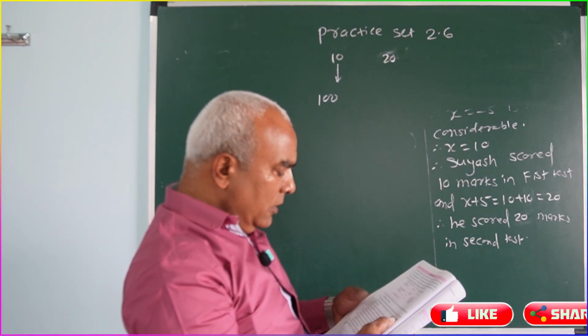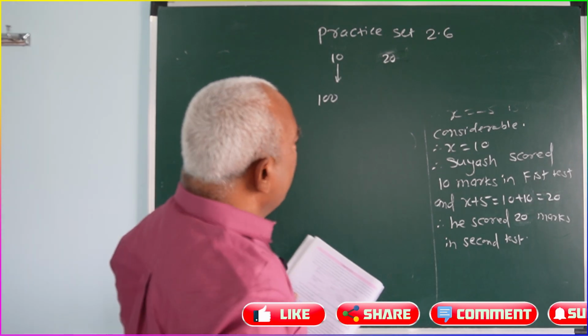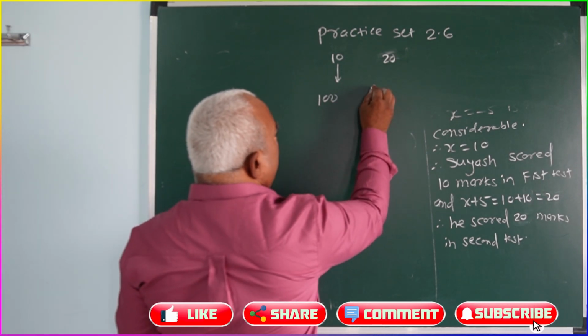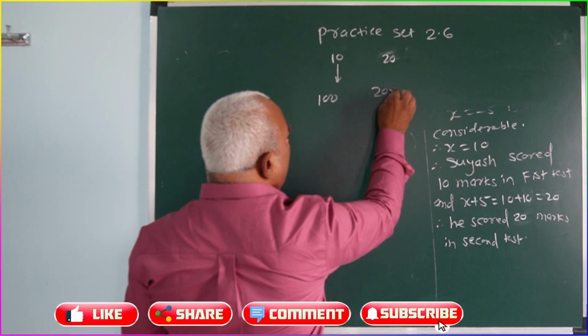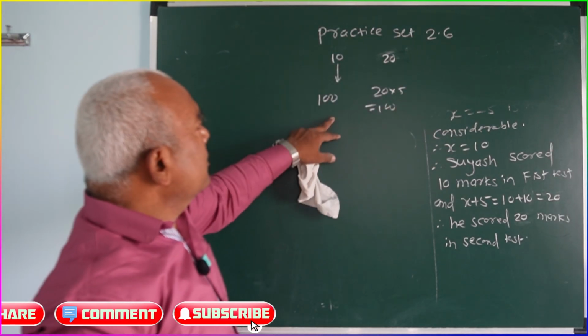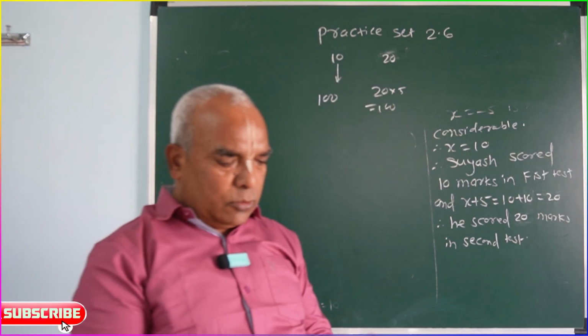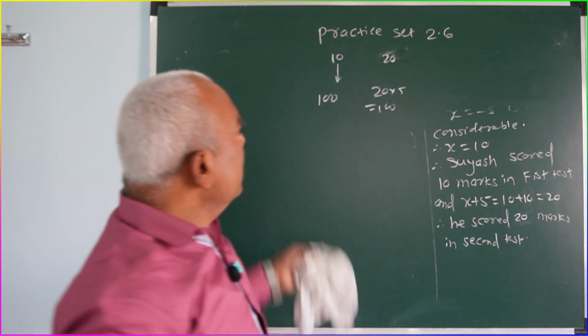See now, the square of this, how much is coming? 100. And 5 times 20 will be 100. Therefore, the square of this mark is equal to 5 times this mark. And 10 marks are more. Therefore, he scored marks as 10 and 20.